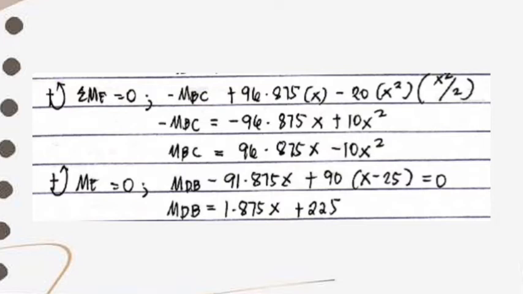Summation of moment at E is equal to 0. MDB minus 91.875x plus 90 times x minus 2.5 is equal to 0. MDB is equal to 1.875x plus 225.